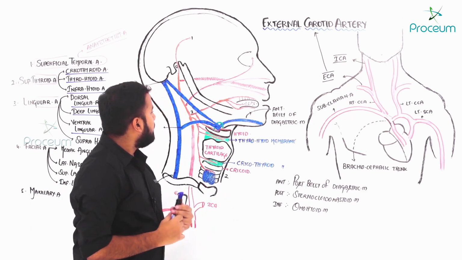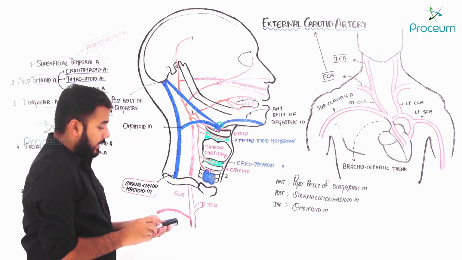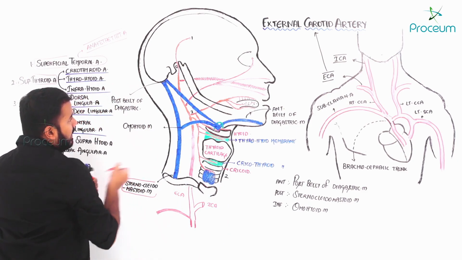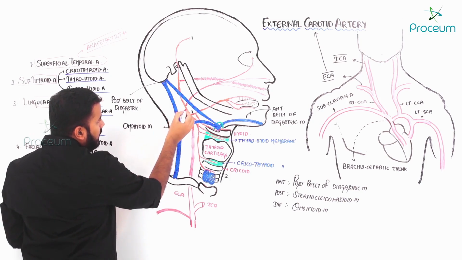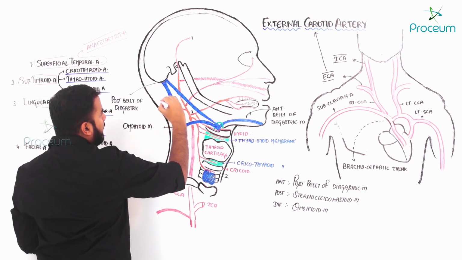Now, another important artery starts within the carotid triangle. This artery passes back in this way and comes out of the carotid triangle.